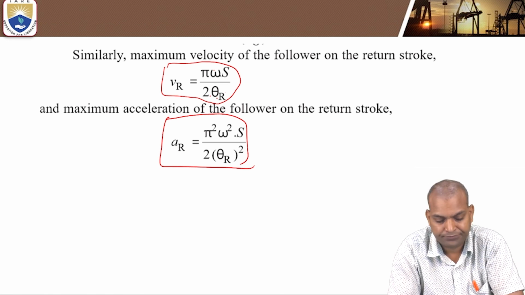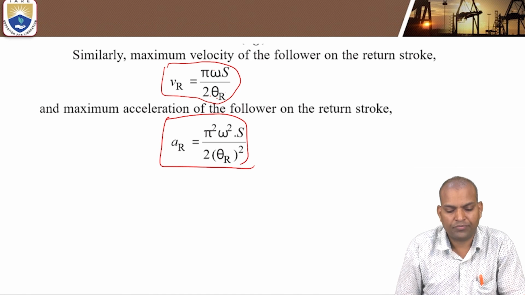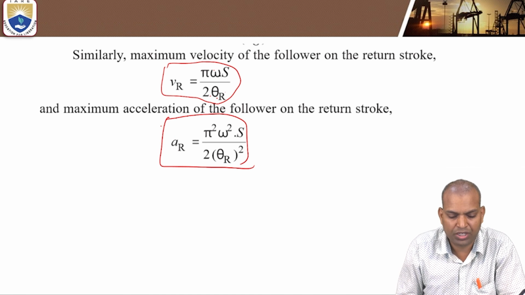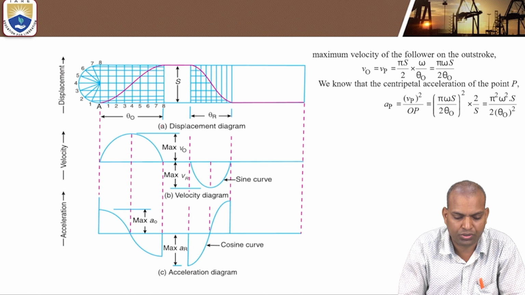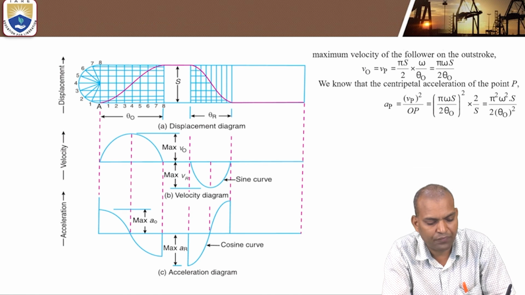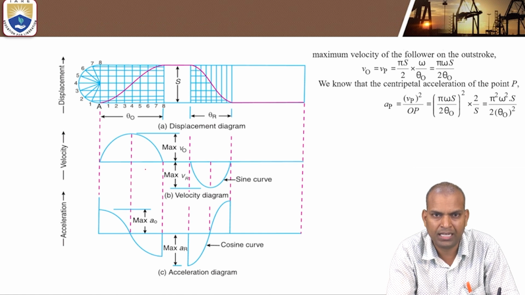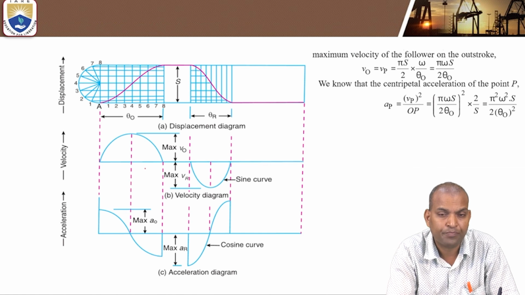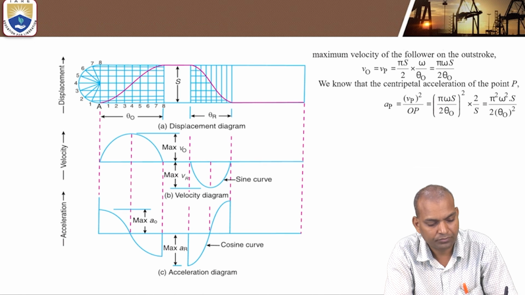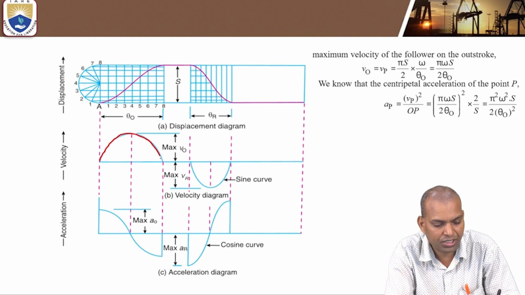One more important thing: how to draw those graphs using these equations during outstroke and return strokes. The velocity diagram is the diagram of velocity with respect to the angle of rotation of the cam. This is the shape of the velocity curve during outstroke.